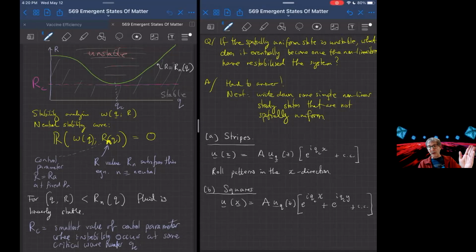So now I've got one wave going in the x direction, one wave or stripes modulated in the y direction, and so those will form squares.